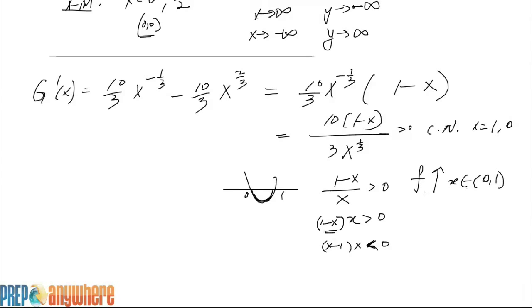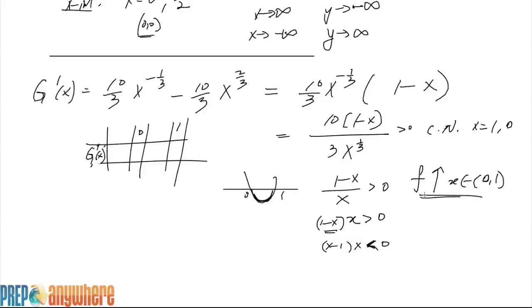Okay, so just keep that in mind. We're going to fill in the box later. Okay, so here's 0, 1. What did we originally solve? We solved this one, right? This is the derivative of g. Where's the derivative of g greater than 0?